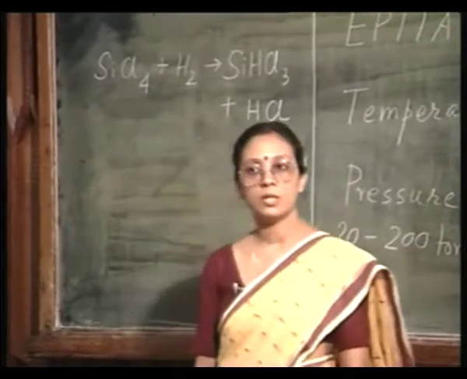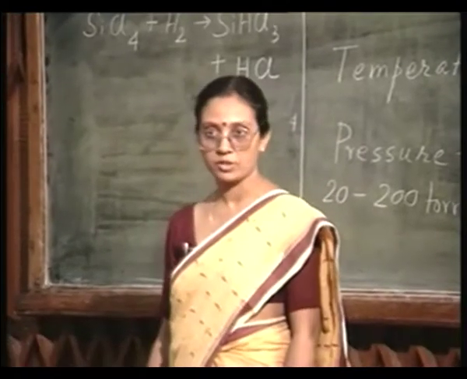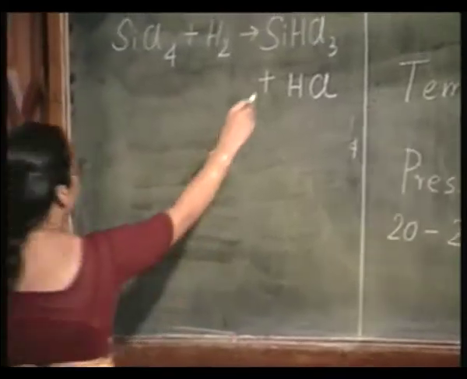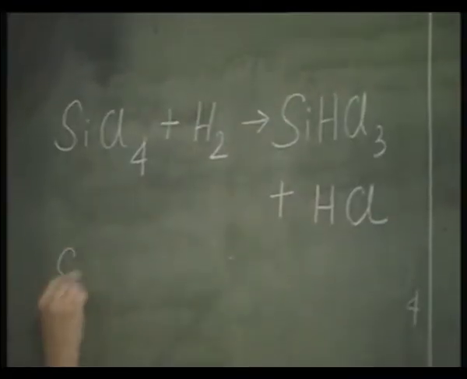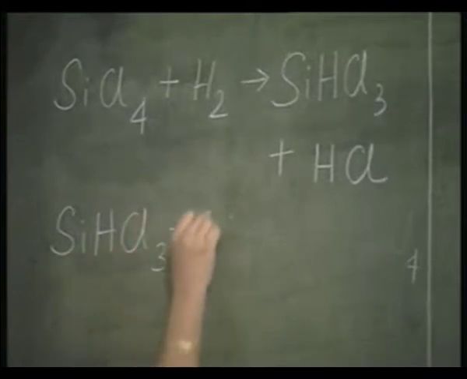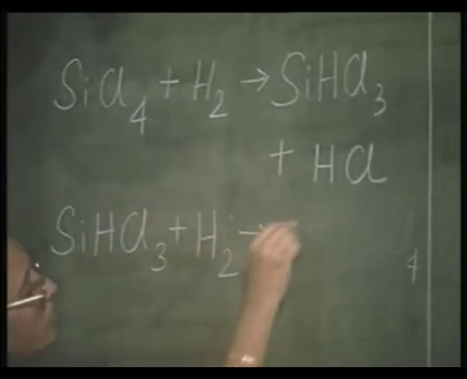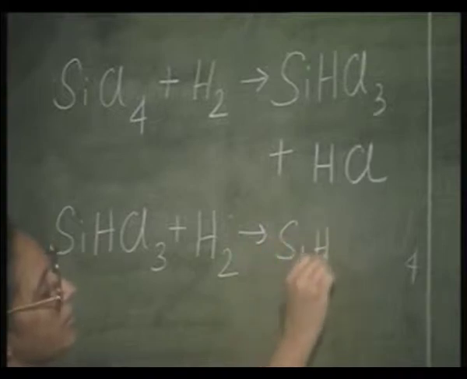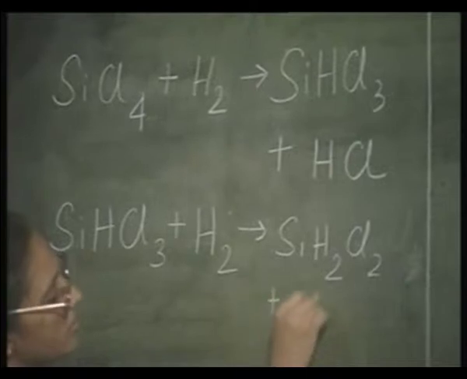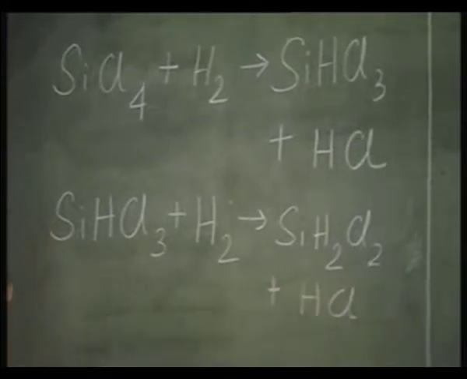This is one possible sub reaction. Now that you have this SiHCl3, this can further react with hydrogen and form SiH2Cl2 plus HCl.